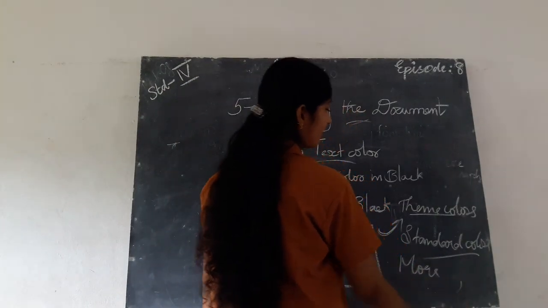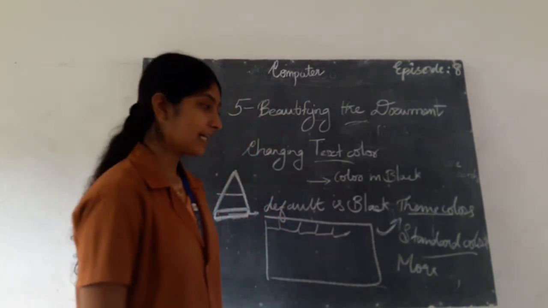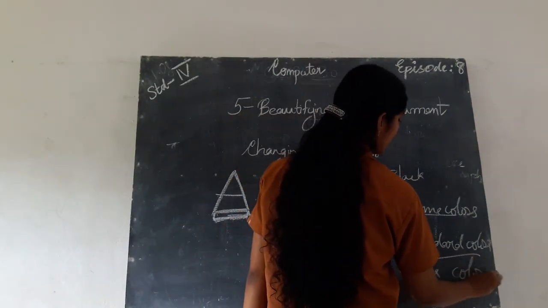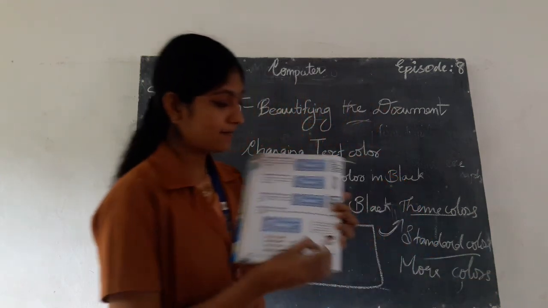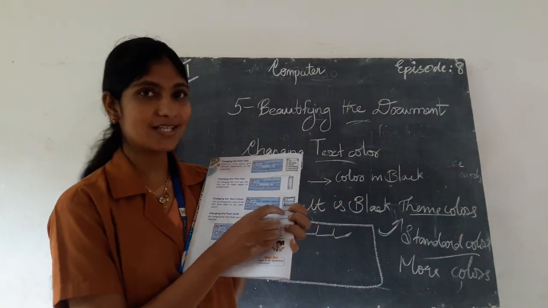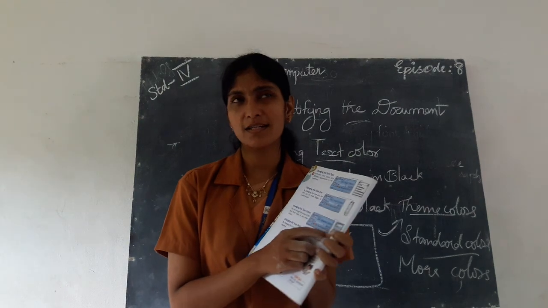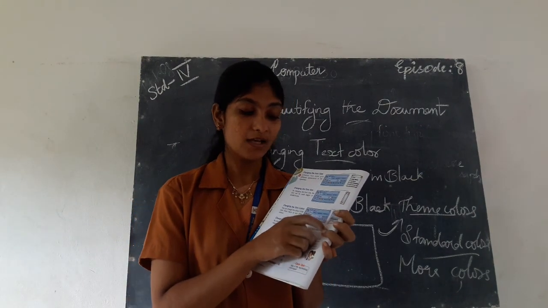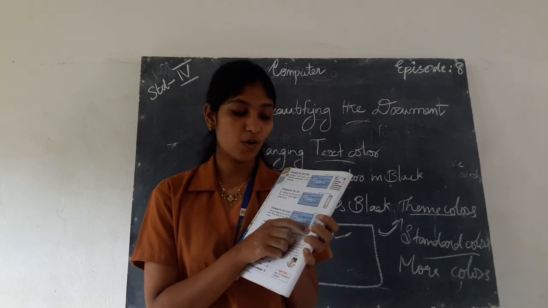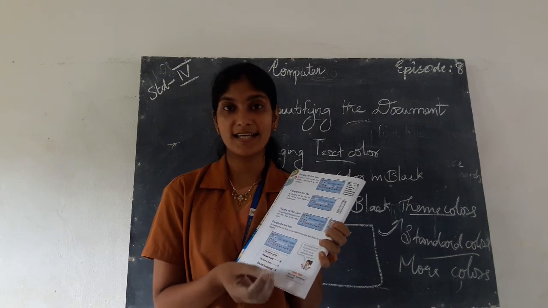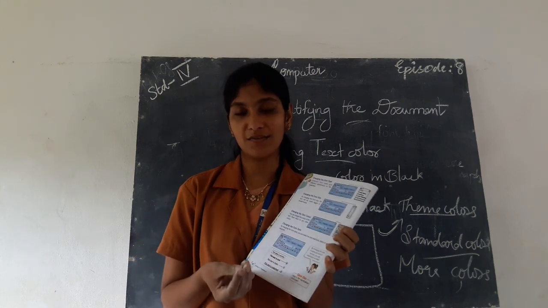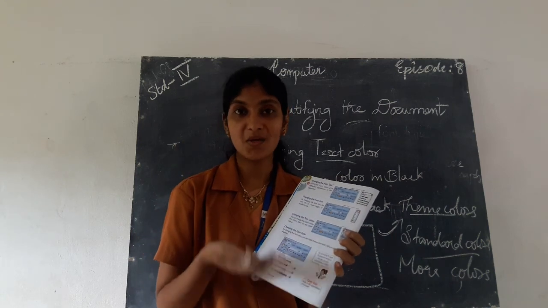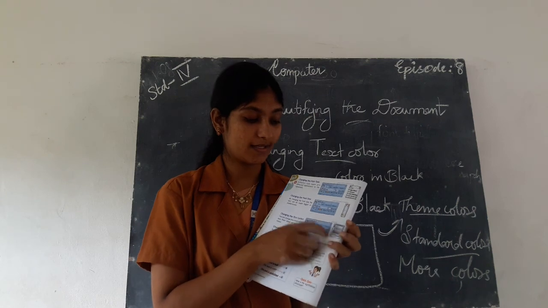If you want any other colors, there is an option that is more colors. From there you can see more colors, which contain gradients or portions of those colors. More colors means additional colors, like a combination of other colors, corner colors, etc. You can select from there.